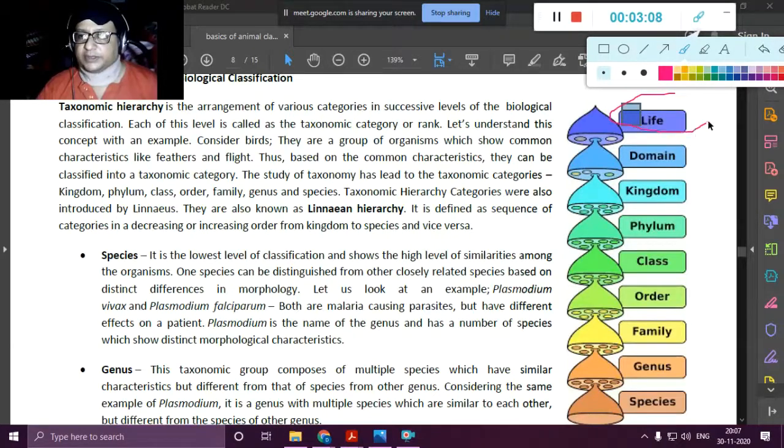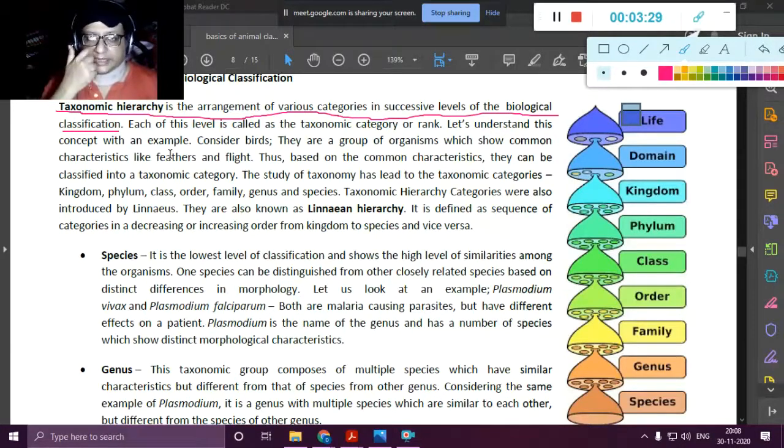Life is present on the topmost part. So all these are the levels of hierarchy. So taxonomic hierarchy is the arrangement of various categories in successive levels of the biological classification.